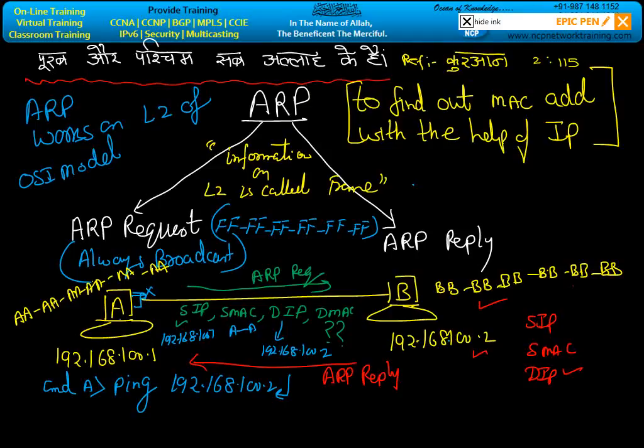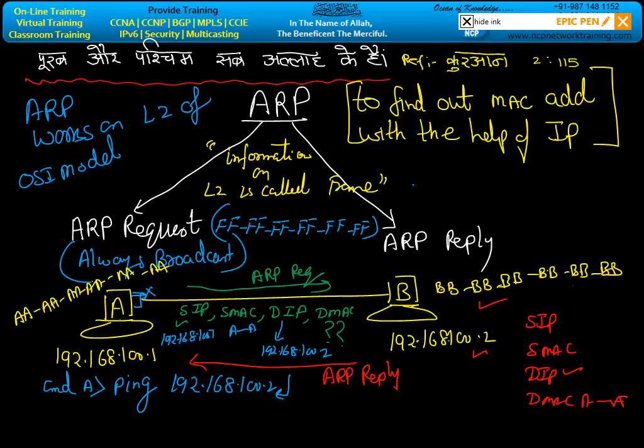I want to send the information to 192.168.100.1, the destination IP, and the location of the destination machine with respect to B is AAAA.